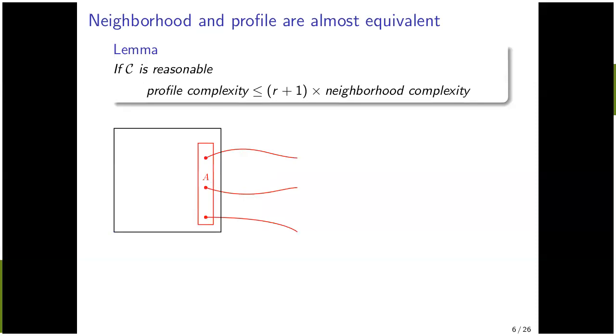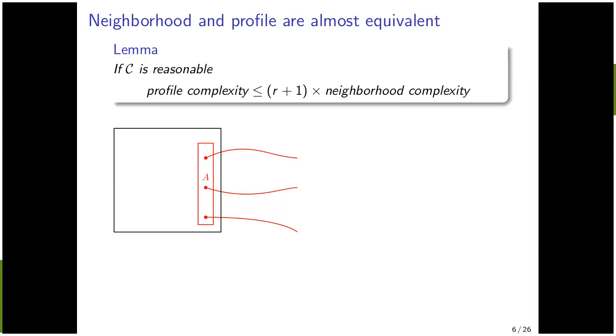To do that, we consider a new graph where we put a path of length R on every vertex of A. So this is a new graph, and if C is nice enough, this graph is also in the class. This is what I mean by C being reasonable.